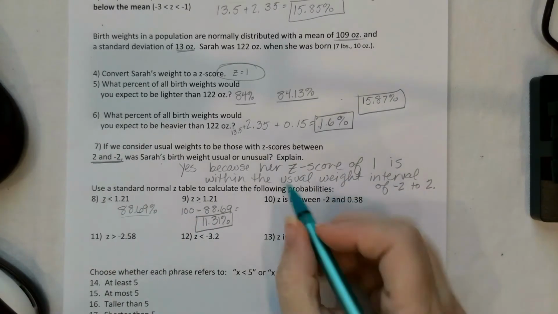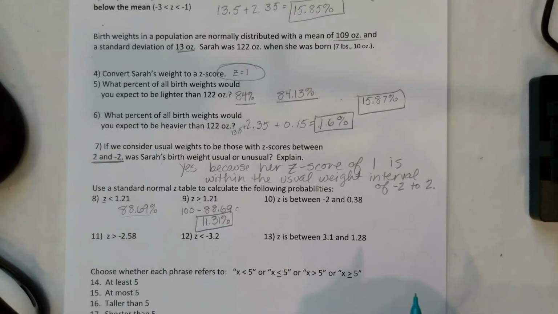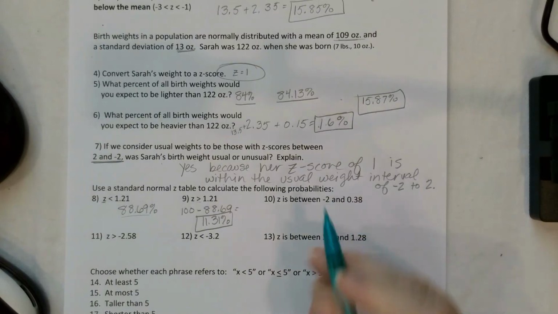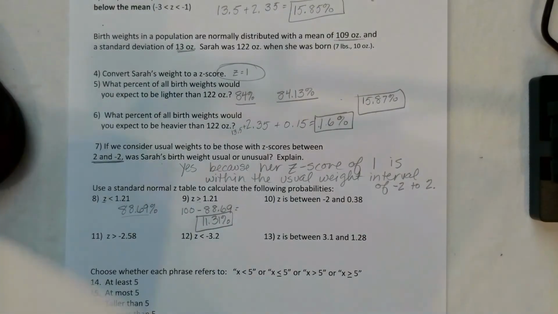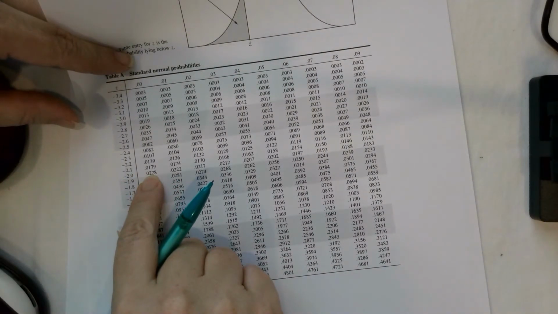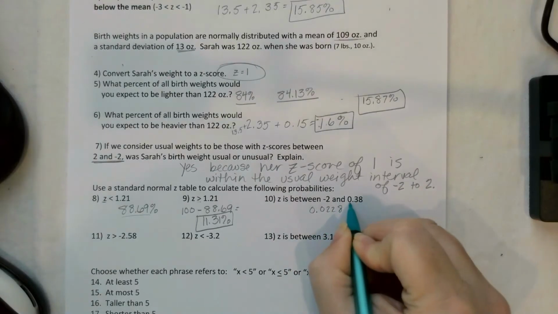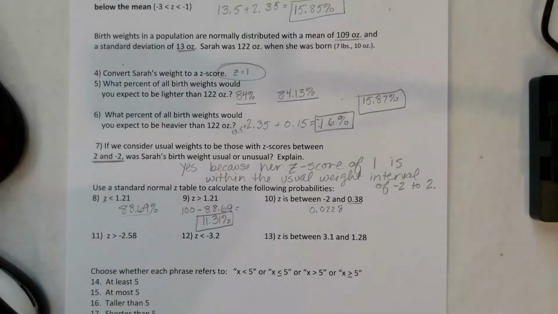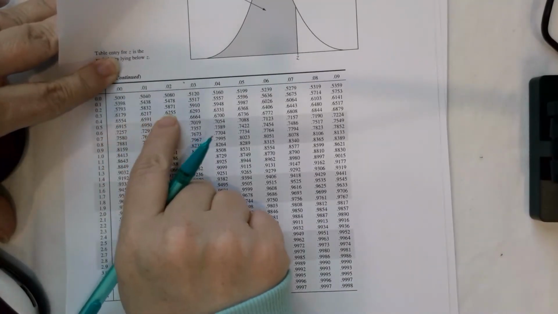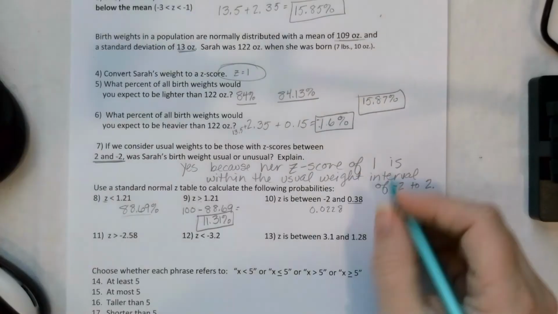Then we have z is between -2 and 0.38. Okay, well, let's see. -2 on my z-score table would be -2.00, 0.0228, and then 0.38, that's a positive 0.38, is 0.6480.